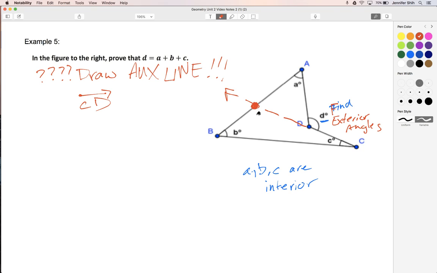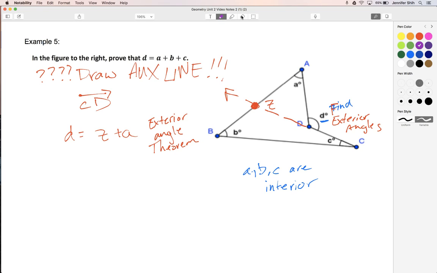So I'm okay. I know that this angle here, I'm just going to call it another letter. Angle D is equal to Z plus A. I know this. This is my exterior angle theorem. I'll write it down. Here's what else I know.